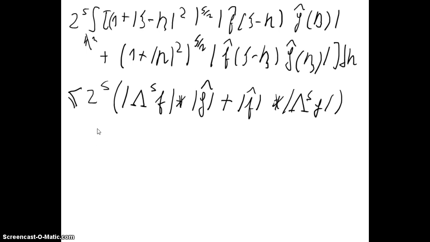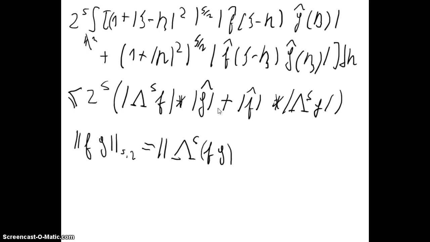Okay, so now if we take the L2 norm and we use Young's inequality for convolution, we will have that the norm of fg in H^s is equal to the L2 norm of lambda^s fg.